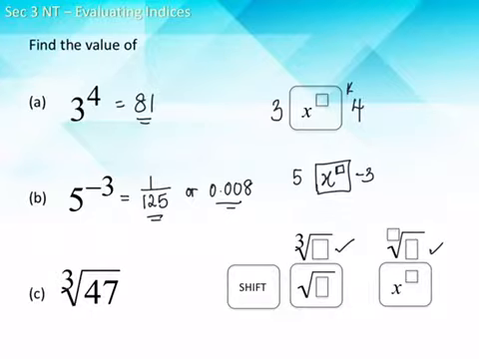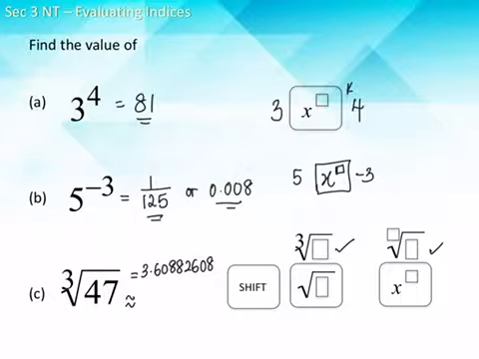So in this case, we will press shift, the square root button, which gives you the cube root, then 47. Now, the answer shown on the calculator is 3.6088268. However, this number is not exact, so we'll need to round this off to 3 significant figures.